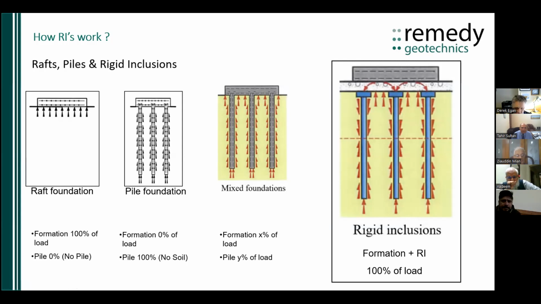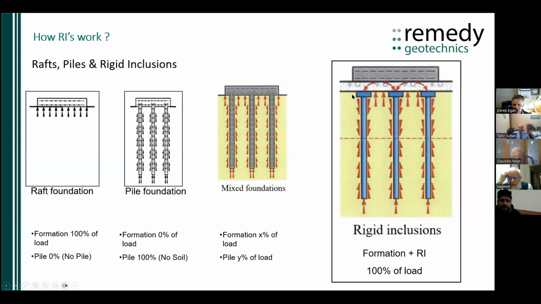Now, rigid inclusions are a further development where you've got your footing, but now in most cases, you have this load transfer layer. And we'll talk a lot about this as we go through, but this is usually a granular layer that is put above the soil surface. And the yellow here is the natural ground where the inclusion is formed. This is the rigid inclusion.